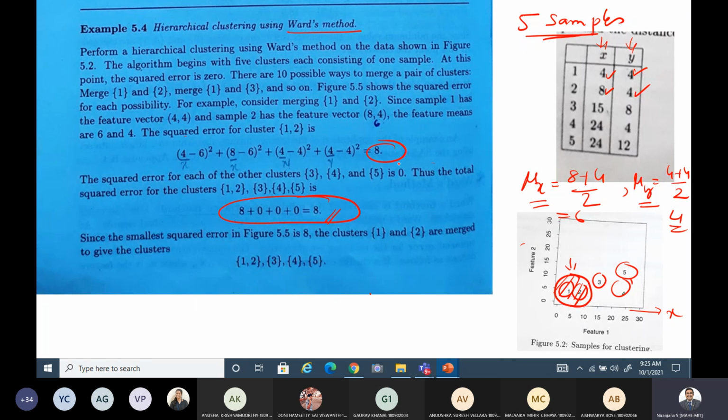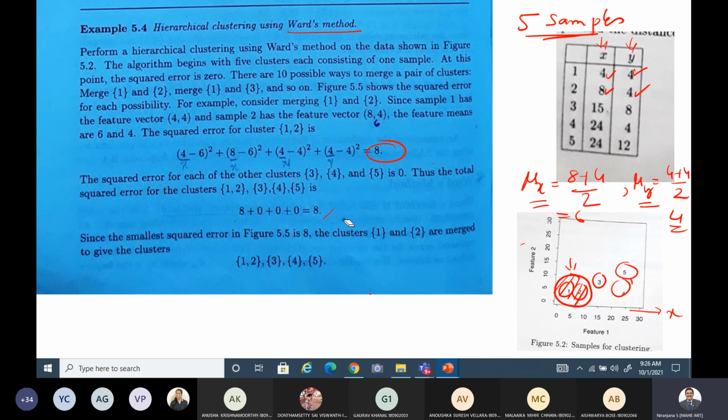Even though the other zeros are there, I have to tell the procedure. That's why I mentioned it. Otherwise, in later iterations, you will make mistakes. For a cluster having a single sample, you also have to show that so that you will not make any mistake in the later iterations. If the procedure is clear, you're finding the total squared error here as 8.